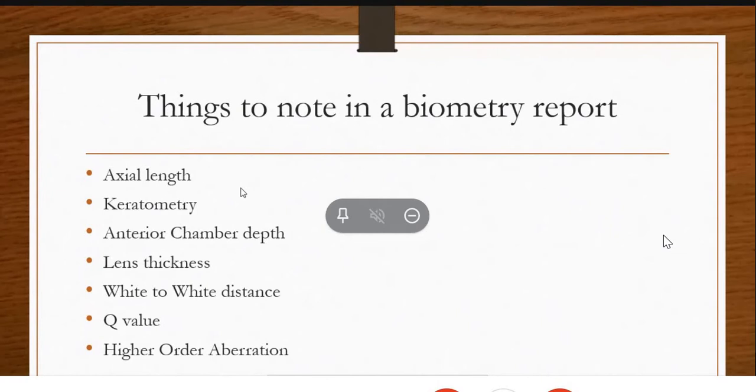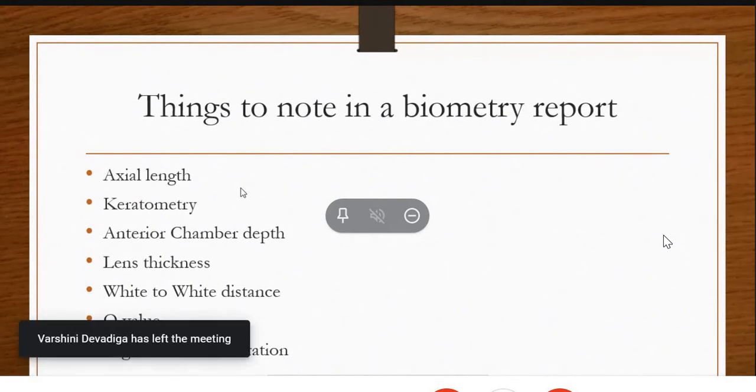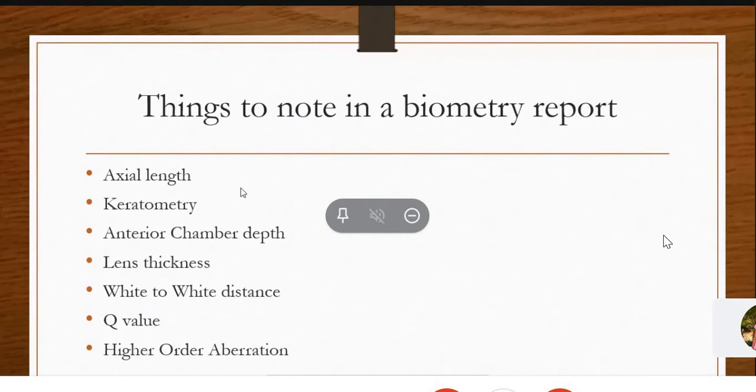Many multifocal IOLs come with a cutoff value, even for Q and higher order aberration. Mostly the Q value should not exceed 50 microns. In cases of higher order aberration, it should be less than 30 microns. If it is exceeding 30 microns, then the patient will not be suitable for the multifocal implant.